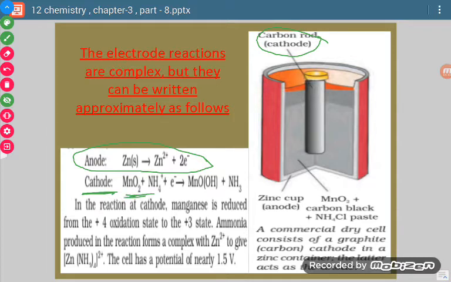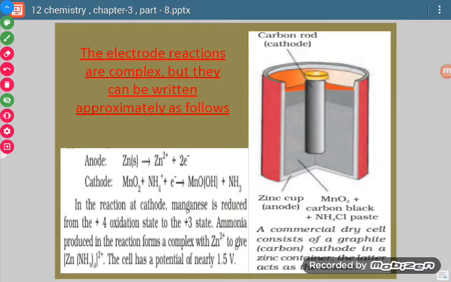Manganese dioxide, which is surrounded around this carbon rod, reacts with ammonium ion. From where do we get the ammonium ion? From the electrolyte. The electrolyte is ammonium chloride and zinc chloride paste. From that particular paste, the ammonium ion comes here, and there is a release of ammonia and formation of MnOOH, manganese oxyhydroxide.